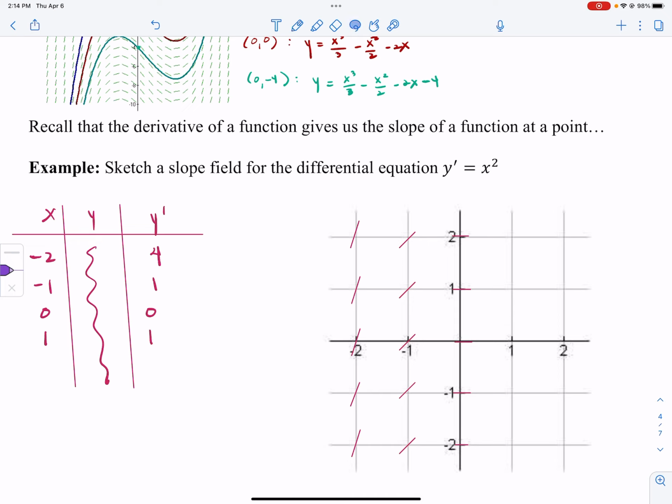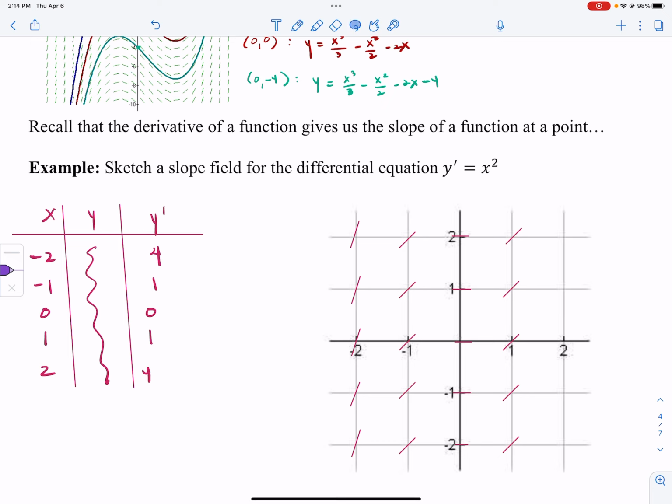So I could actually just copy and paste from over here. And then when x is equal to 2, y prime ends up being equal to 4.